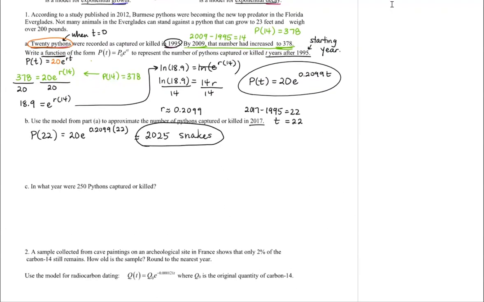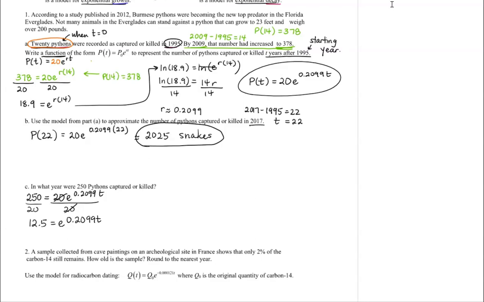In part C, they're asking us to find the year when 250 pythons were killed, so we want to solve for t. We set the entire function equal to 250 and solve this equation for t. We start by isolating the exponential, so we divide both sides by 20.